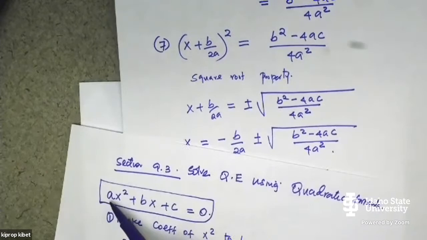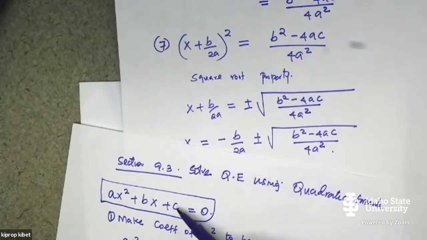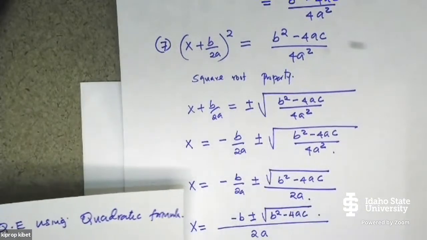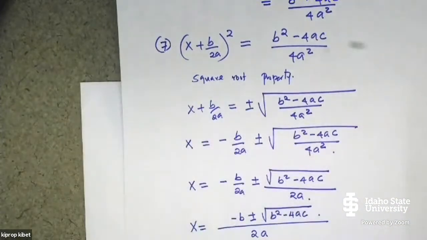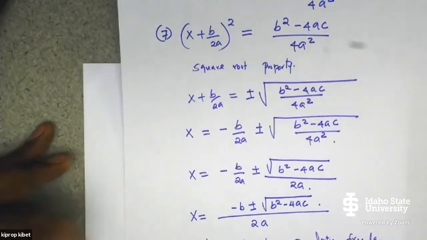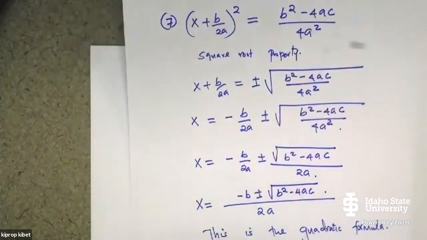You have the value of a, b is given, and c is given. So you can just come and do what? Substitute them here. You just do the substitution. This one is the most accurate, and you can apply it to any quadratic equation.